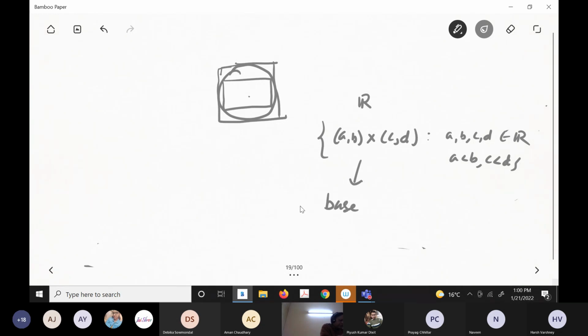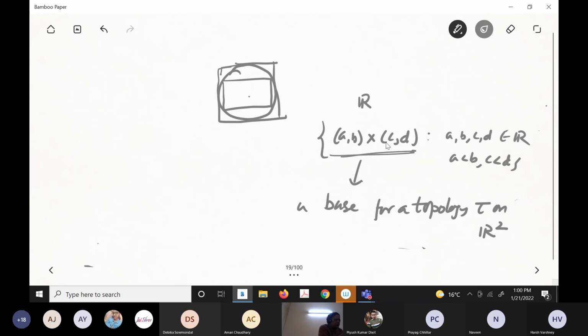It's a base for a topology tau on R square. You'll just have to check that when that result we did, when it will give a topology, those two conditions will be satisfied.